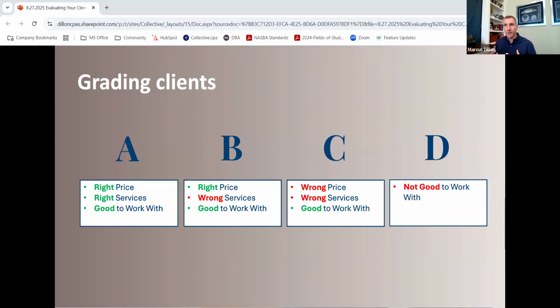But at the end of the day, you are providing a good advisory service or a good relationship, and you feel compensated fairly for that. And I would also say that B's hopefully can be served by your team, not necessarily have a lot of owner impact, because that way you're able to focus on the A's or running the business.